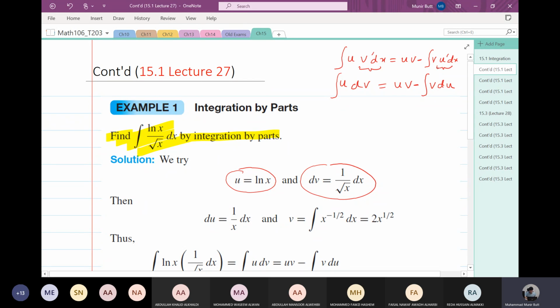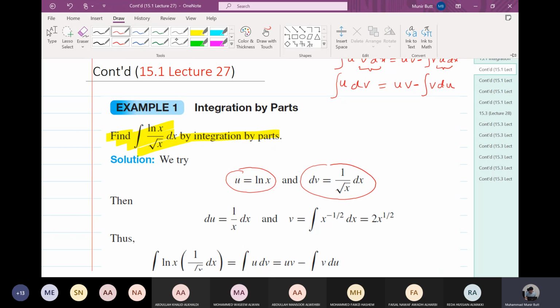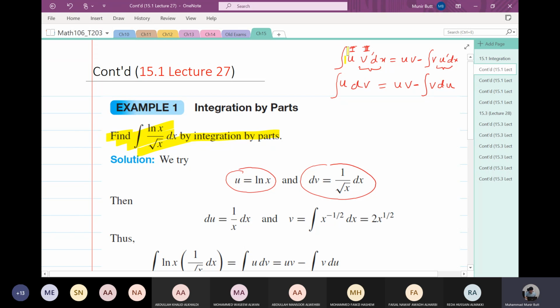Again I am writing for you, so you have to pay attention that you have to select what we called the first function and the second function. You have to be careful about whichever is your first function and second function.